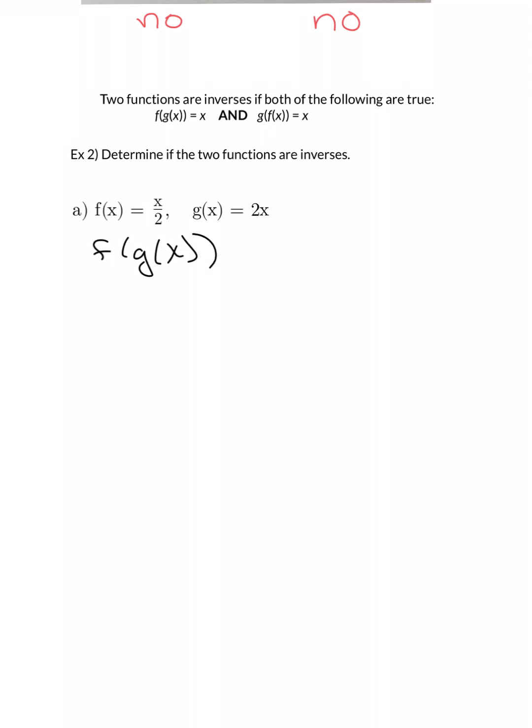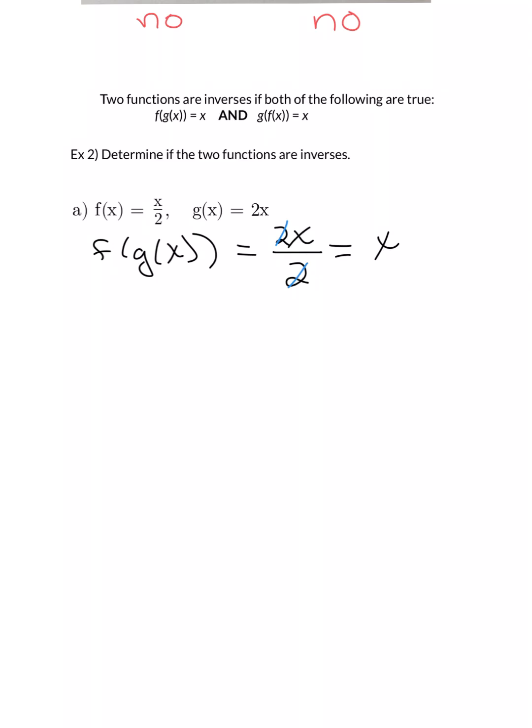That means put g into the f function for the variable. So we start our f function, and the very first thing is the variable. So we put the g function in where the variable was, and then finish writing the f function by putting over 2. Well, if you look, 2x over 2 equals x. So what do we simplify to be? x. So far, it's looking good.